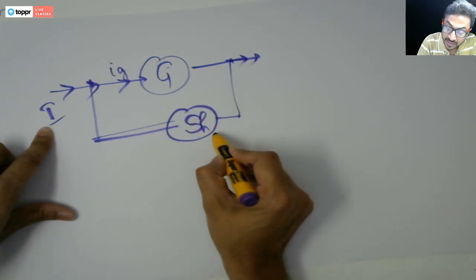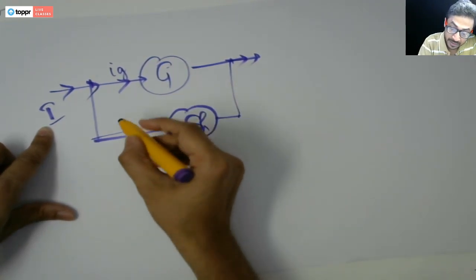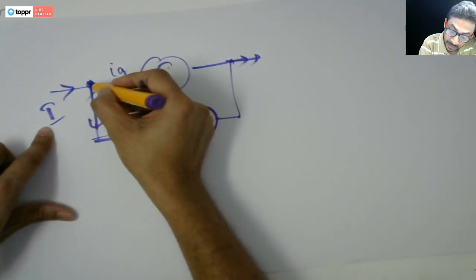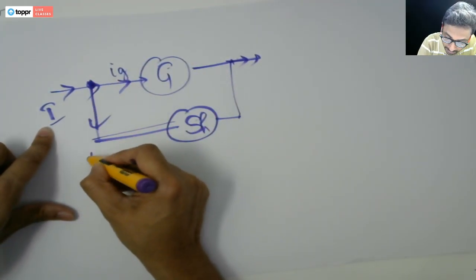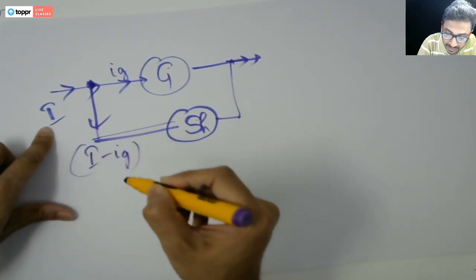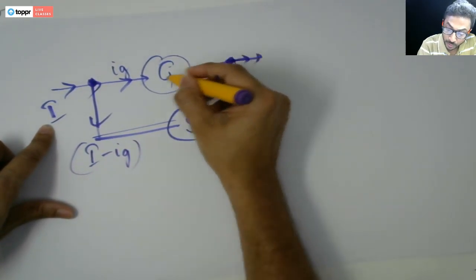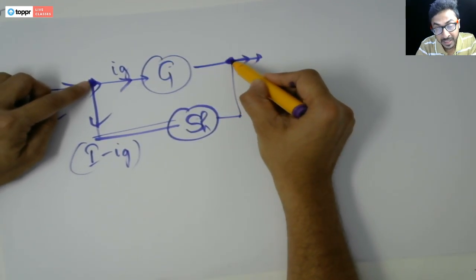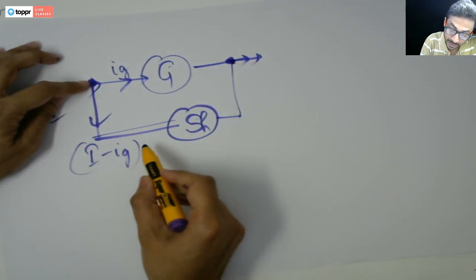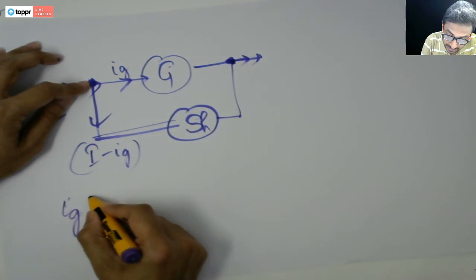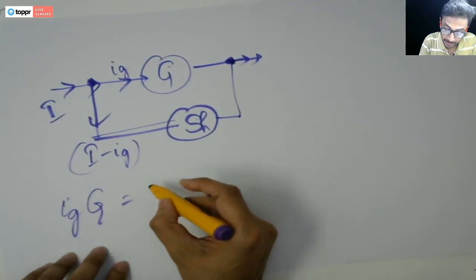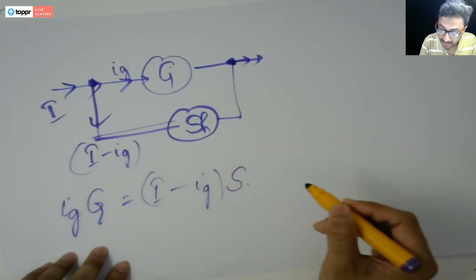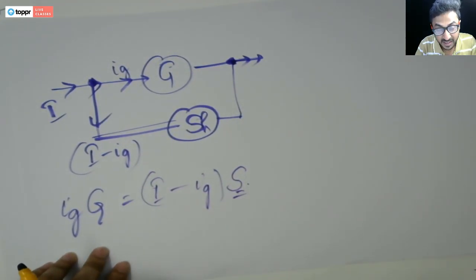Now a shunt resistance is a very small resistance which will allow the flow of the remaining part of the current, that is I minus Ig. And we know in a parallel combination the EMF remains the same. So definitely we can write Ig into G will be equal to I minus Ig into S, where S is the shunt resistance.